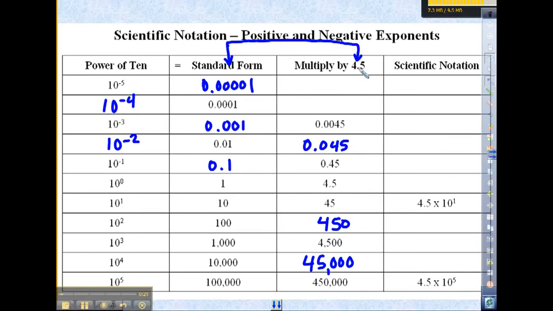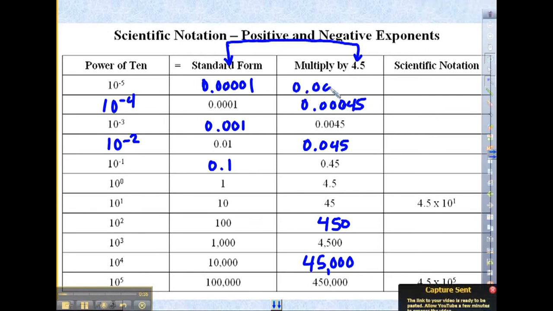Continuing the pattern, take 4.5 and multiply by each one of these numbers here, I get 0.0045. Here I get 0.00045. And here I get 0.000045.